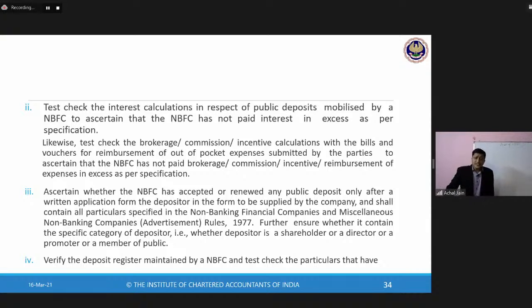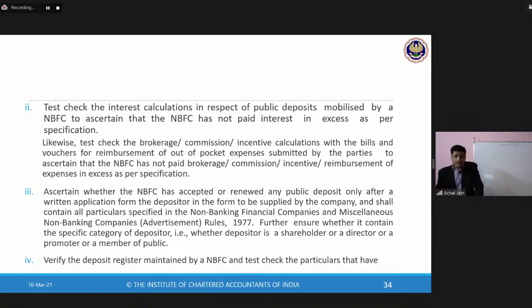All of these compliances are not easy to monitor. That's why generally you will see that NBFCs will have an internal compliance team.